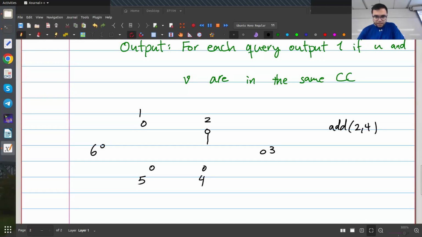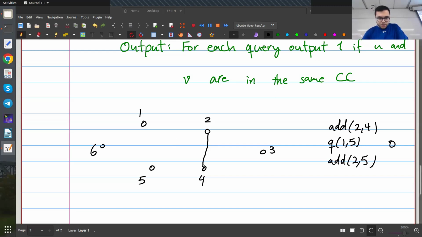Then I should just add this edge. And then maybe I do a query. Maybe I ask 1 and 5, are they in the same connected component? And the answer should be no. And then maybe I connect 2 and 5. So I say add 2, 5. And then maybe I connect 1 and 6. And then maybe I connect 6 and 5.